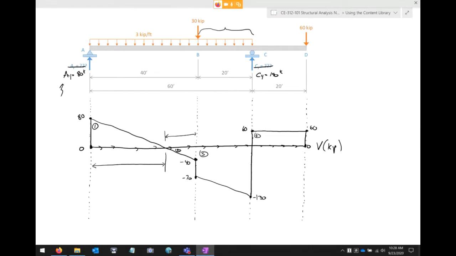First off, what is the slope of this line? And you don't need to do any math to figure it out.